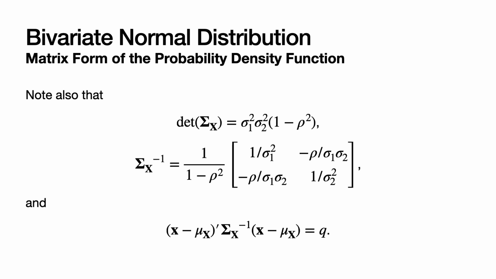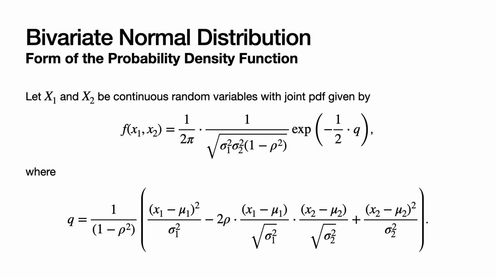Q is equal to the transpose of x minus mu sub x pre-multiplied against the inverse of this matrix cap sig, and then post-multiply that by x minus mu sub x. So if you're really interested in this, you can work this out by doing the various matrix multiplications here, and you're going to find that the expression that results is equal to Q as shown on the bottom of this slide.